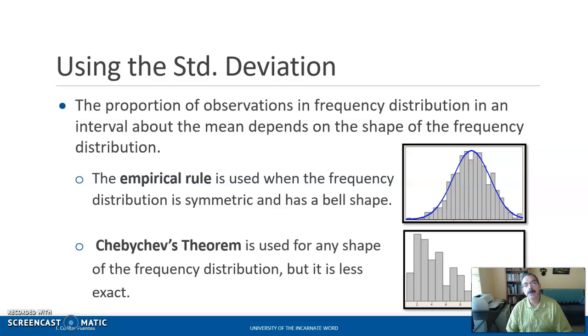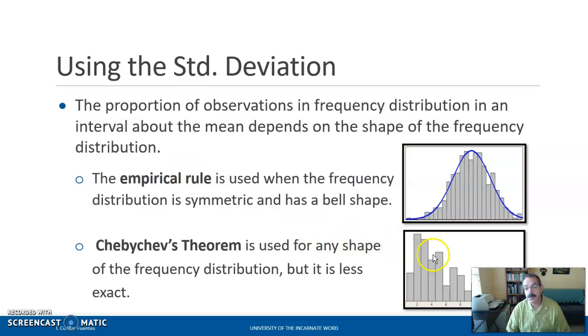Depending on the shape of the frequency distribution, we will use either the empirical rule or Chebyshev's theorem. So if the frequency distribution is symmetric and bell-shaped, like shown by this blue line, then we will use the empirical rule to determine the proportion of data within a certain number of standard deviations about the mean.